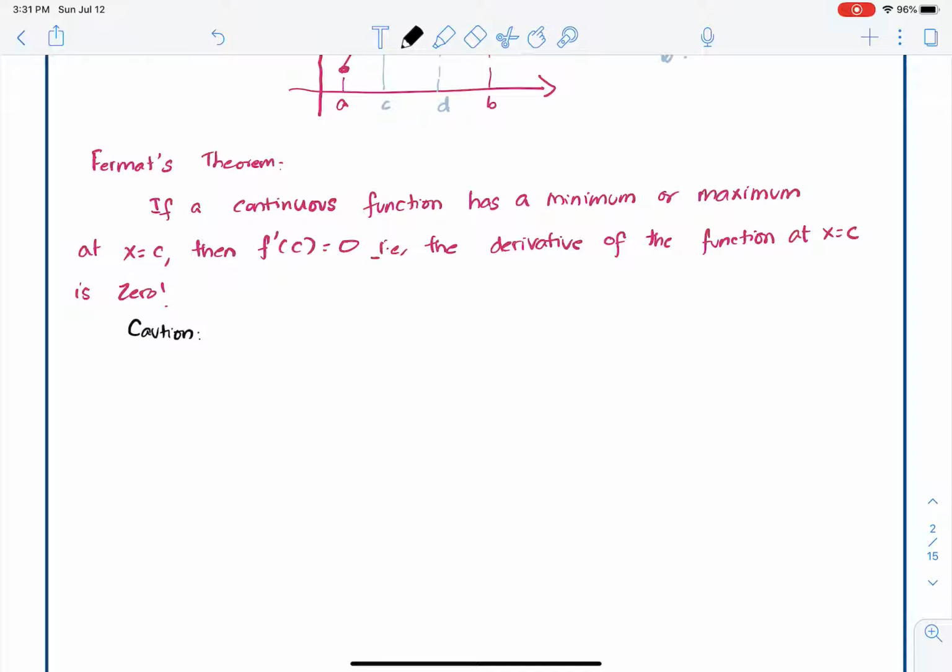There is a caution here though, in the sense the converse is not true.